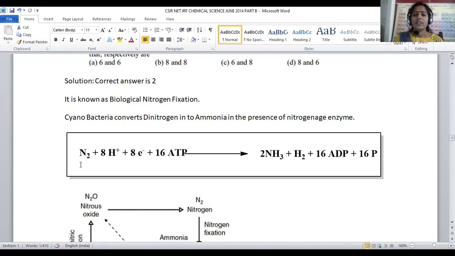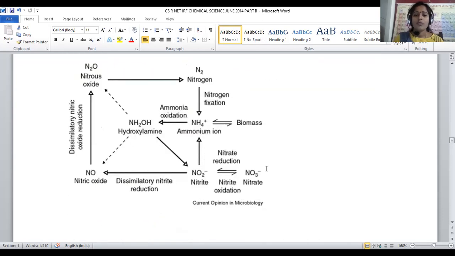There is a certain process: nitrogen should be converted into ammonia, subsequently ammonia converted into nitrite followed by nitrate. These nitrates are suitable for absorption by plants, and subsequently they are used to generate protein and other materials for plant growth. So this is a suitable form for the plant to absorb, right?